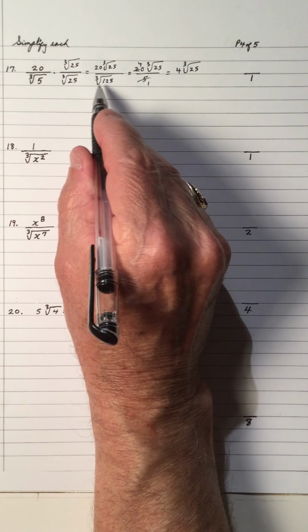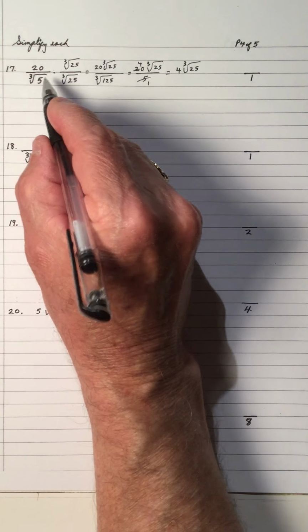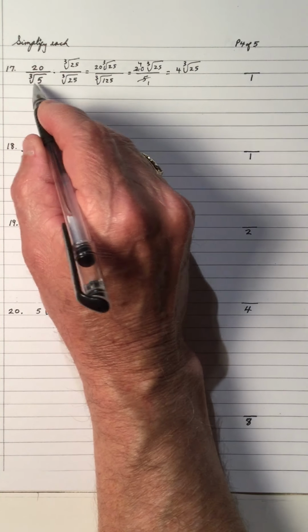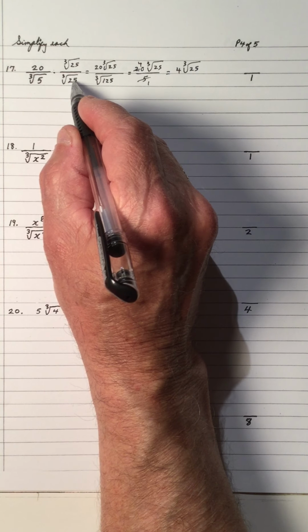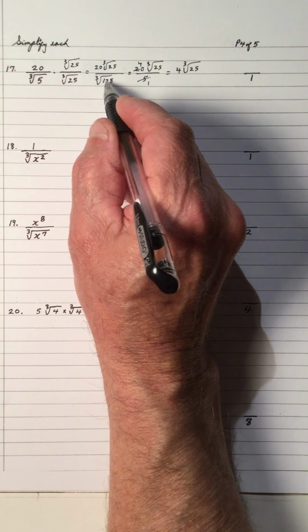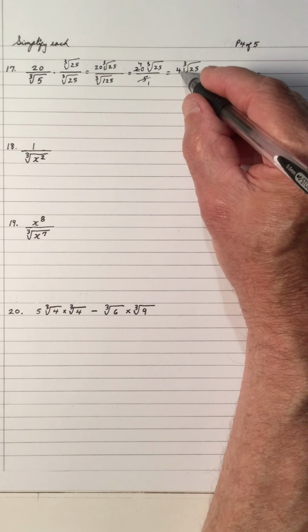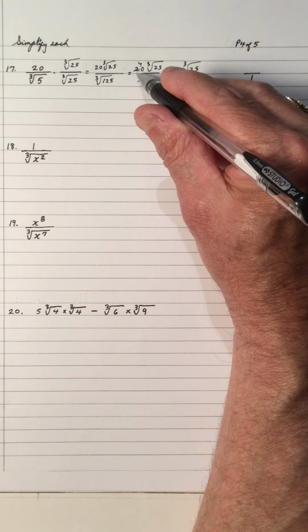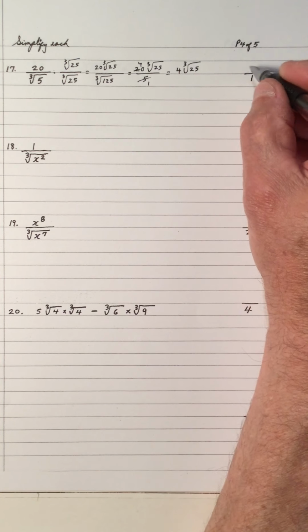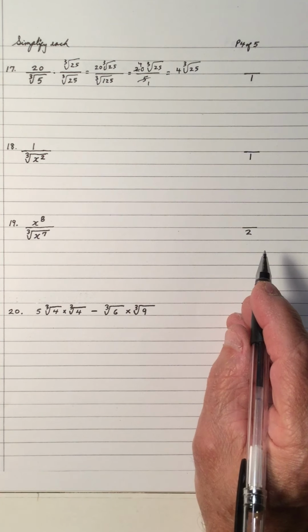So you need a perfect cube on the bottom in order to rationalize it. So notice that's a 25. That's 1 5, so 25 is 5 squared. That makes it 3 5s altogether, so the cube root of 125 becomes 5. And it simplifies. 20 divided by 5 is 4. Perfect. Give yourself a mark.